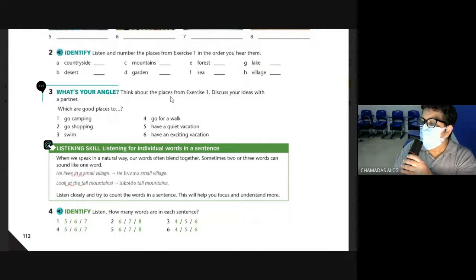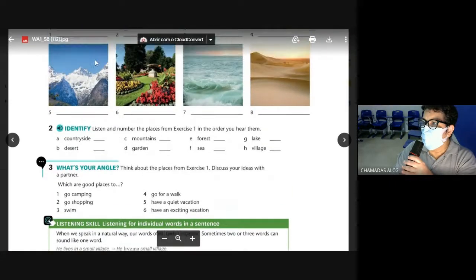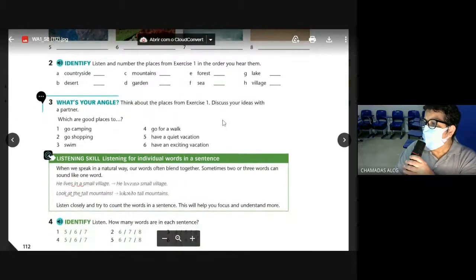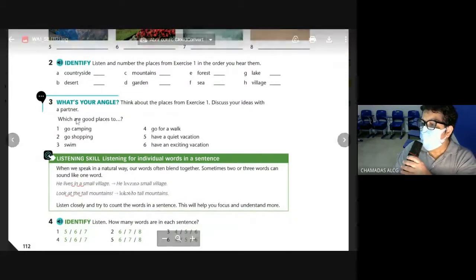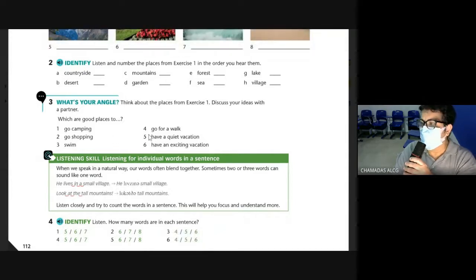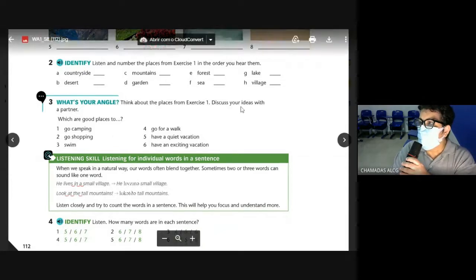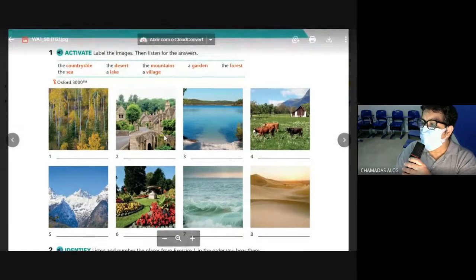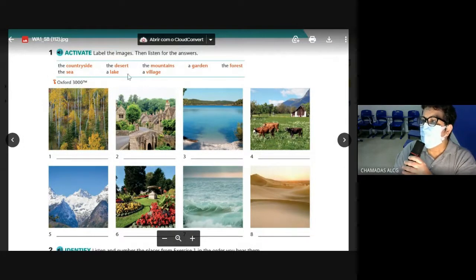Think about the places from exercise number 1 here, and then discuss your ideas with a partner. Which places are good to go camping, go shopping? Remember? So, we discussed. We saw those places here, the countryside, the sea, the desert, a lake, a village, etc.